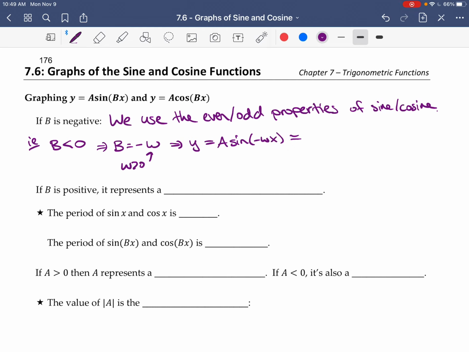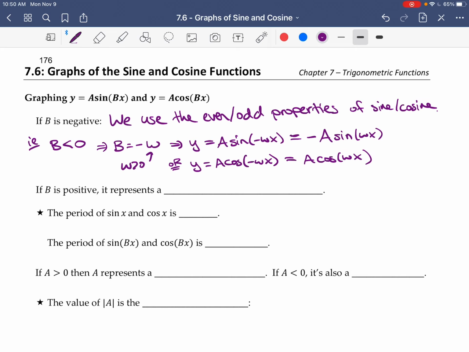Then we could use the fact that sine is odd to say that this is negative a sine of just wx. Or if you're doing the cosine one, cosine is even, so the negative just goes away. So we don't have to worry about negatives there.